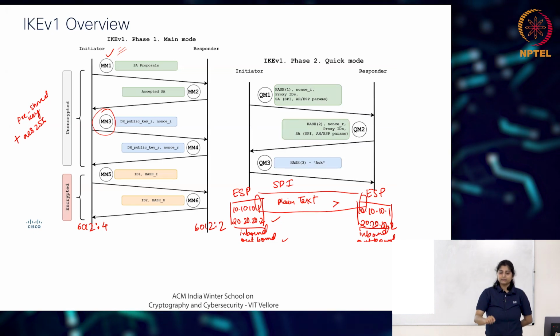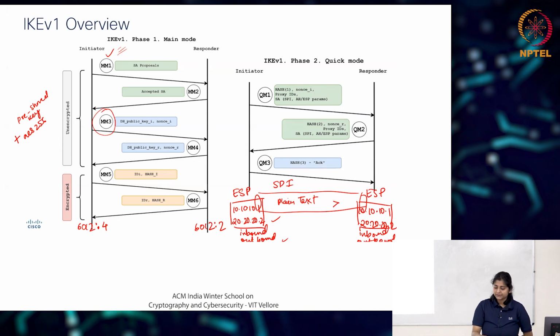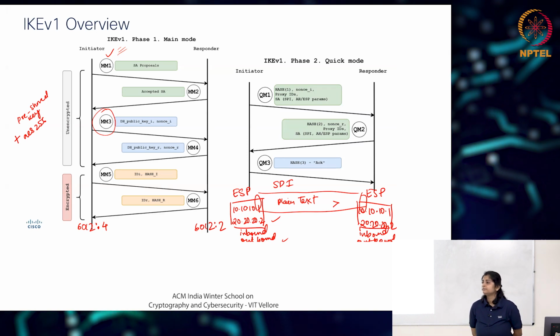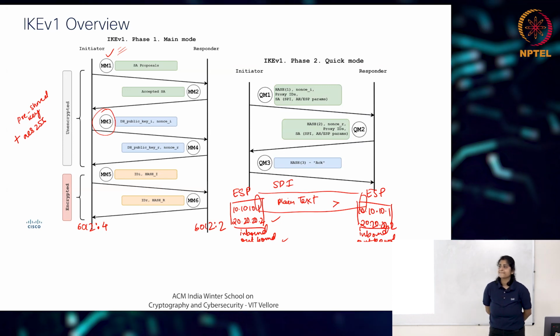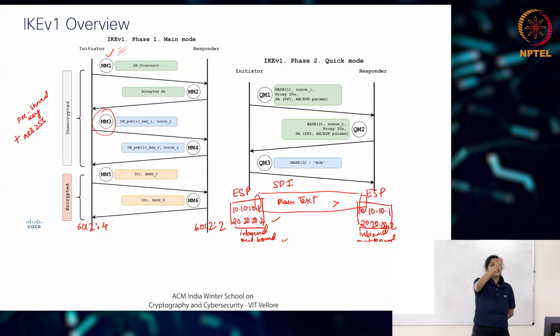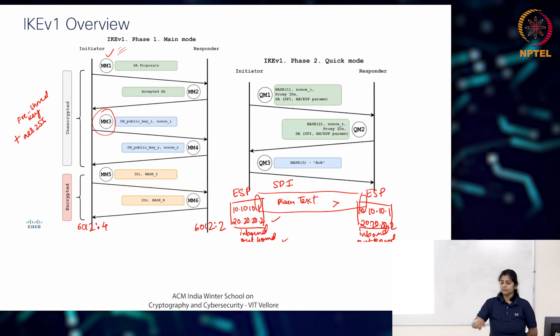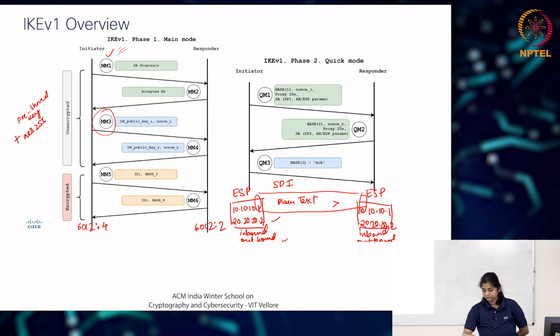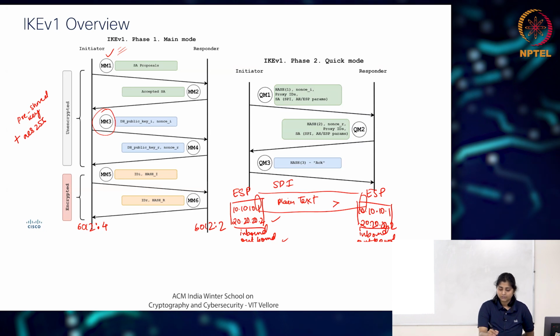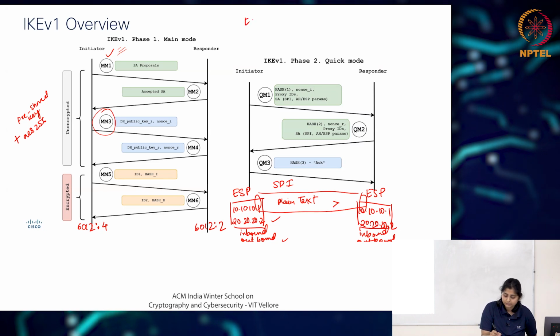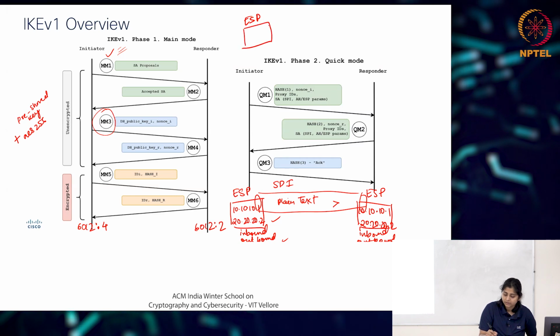So, what do you think? Is this inbound value the same as this inbound value? The inbound value, is that not clear on the board? So, ESP has a database which is taken care of by SPI.